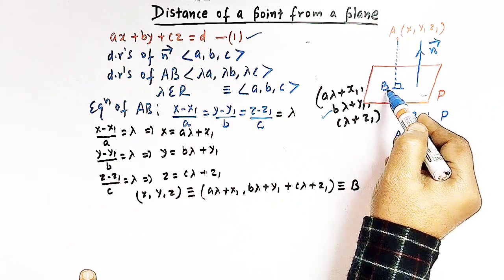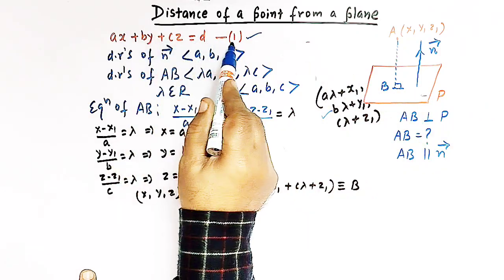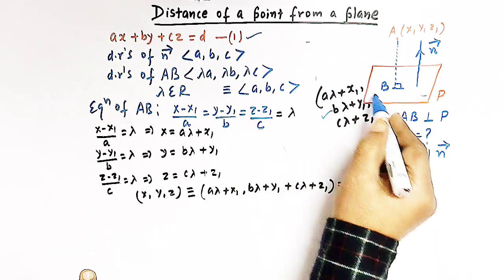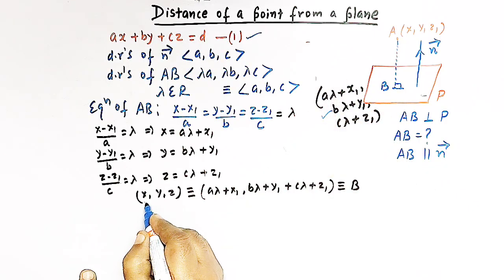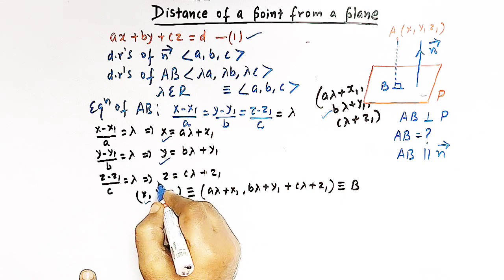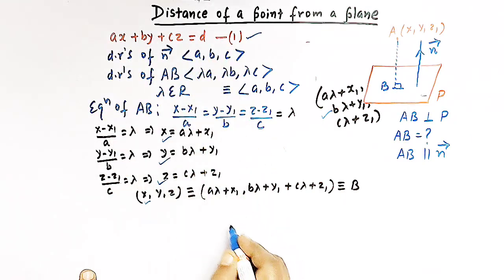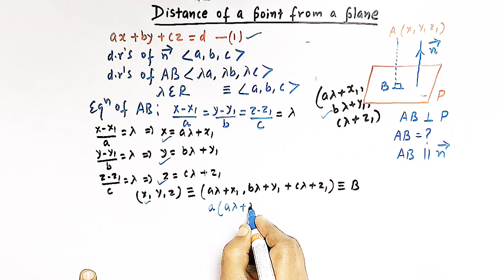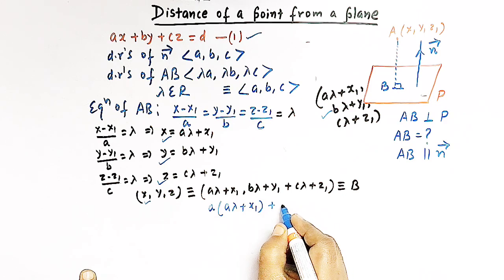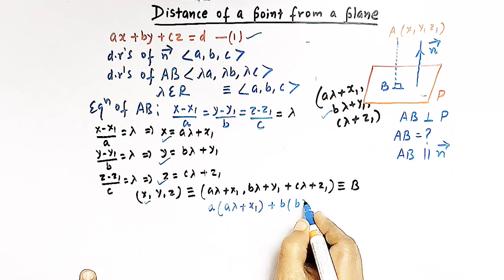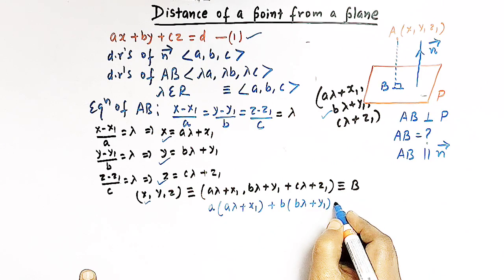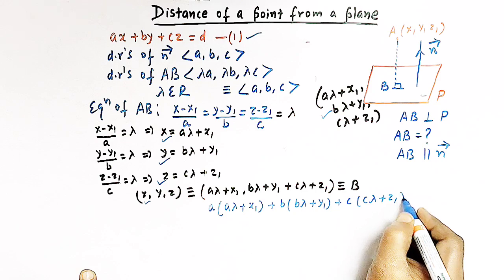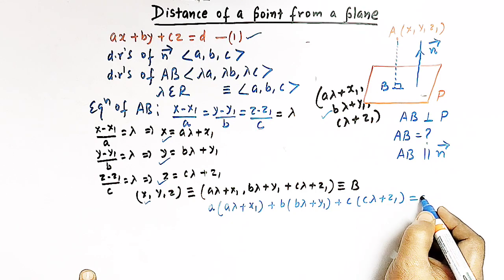So this point B satisfies the equation of the plane, that is equation 1. So let us substitute this coordinate, that is the values of x, y, and z, in this equation. So we can now write a times (a lambda plus x1), then b times (b lambda plus y1), then c times (c lambda plus z1) is equal to d.